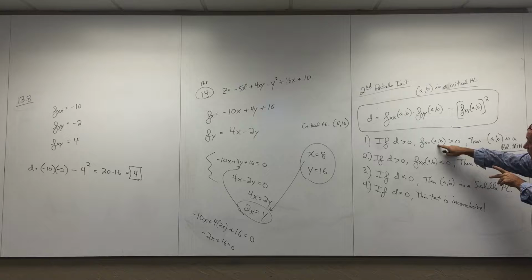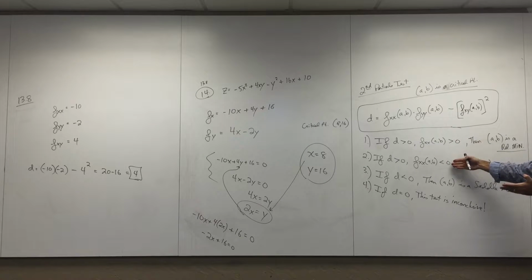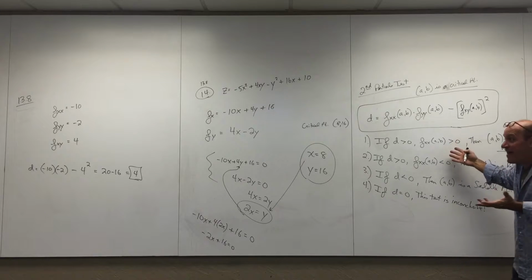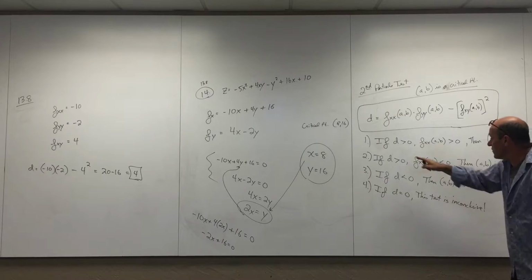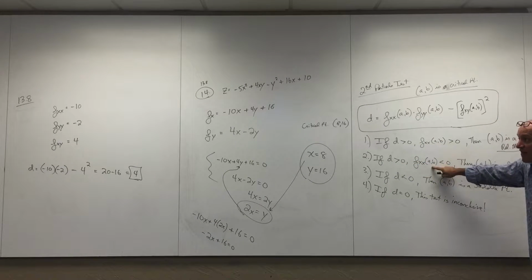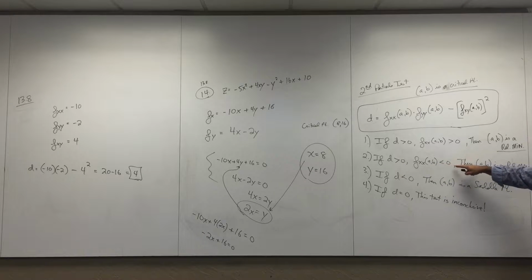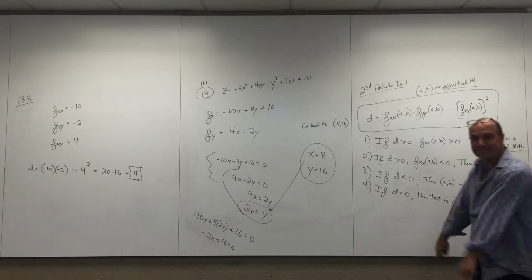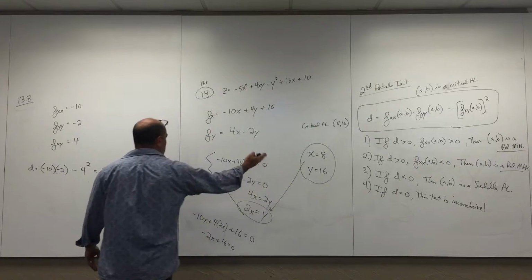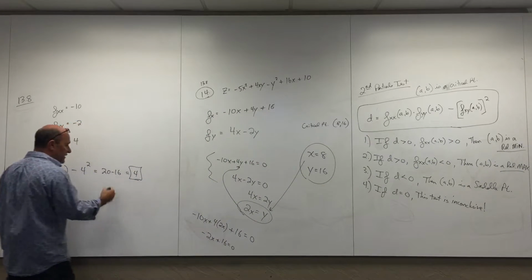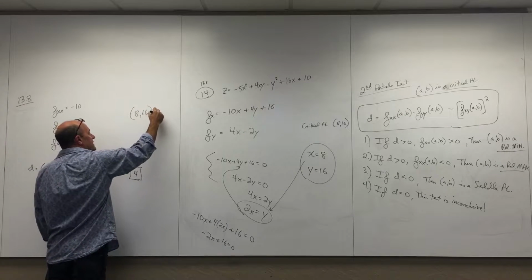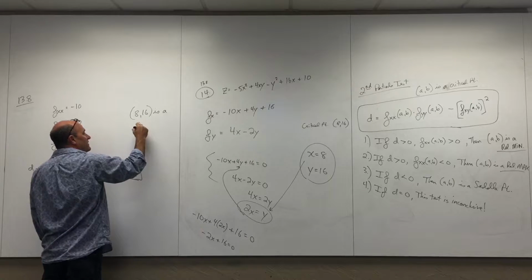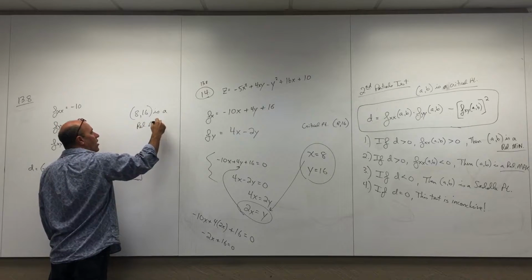When I plugged in the point, was it greater than 0 or less than 0? Less than 0. My fxx was just negative 10, and that's less than 0. Good. So my D was positive, my fxx was negative, therefore this point is a max. Awesome.